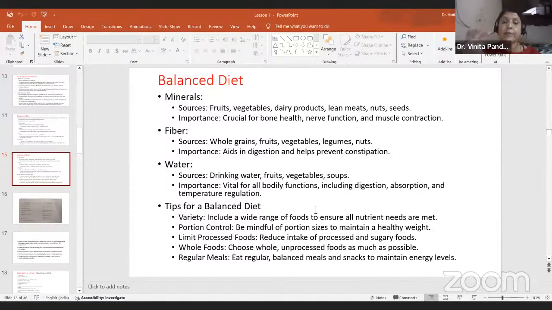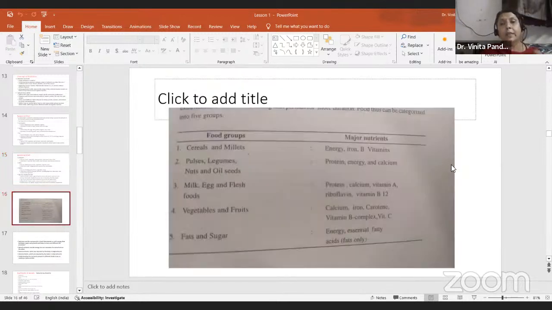Then it is always advisable to choose fresh and whole food and regular meals. Of course, fasting is also good, but depending upon your health condition. And this is apart from the material I've just taken up. This is from your same material, women's health material. So this small table, I found it very interesting.